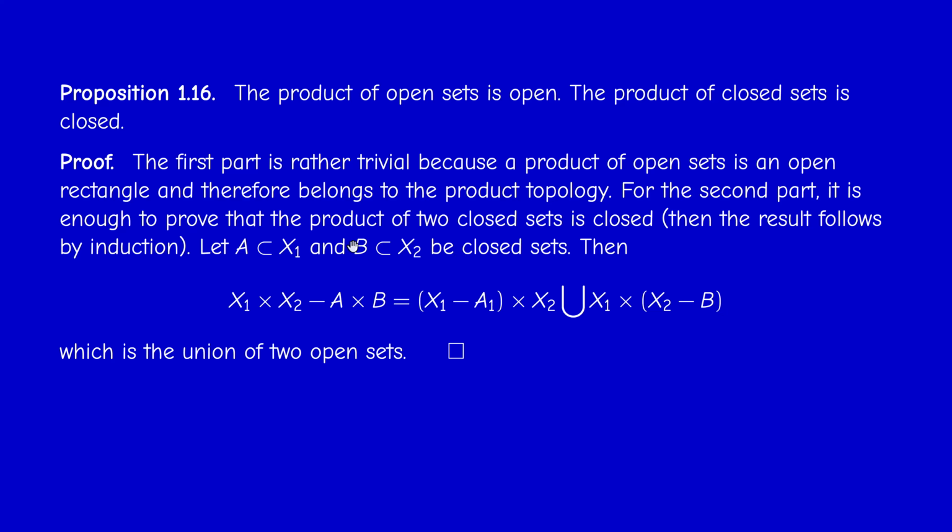Now if A is closed, the complement is open in X1. So this is open times open, and this is open times open. So it's the union of two open sets, and therefore it's open.